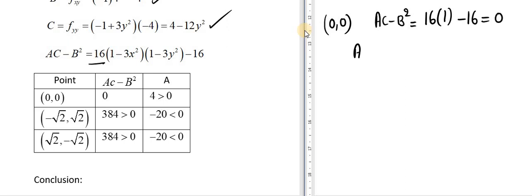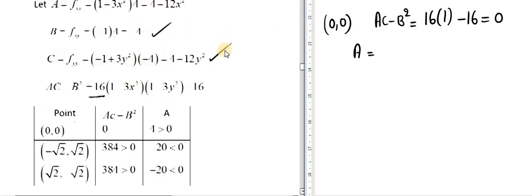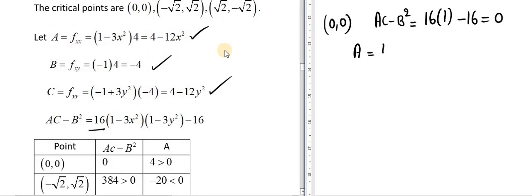Next a value is 4 minus 12 into 0 square. 0 square is 0, 4 minus 0 is 4. This is greater than 0.